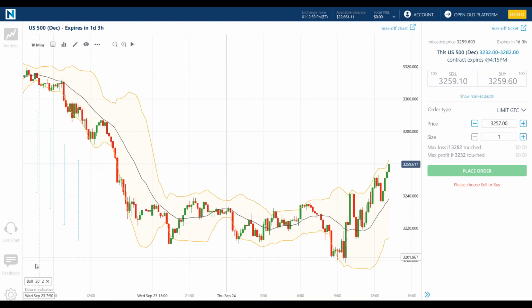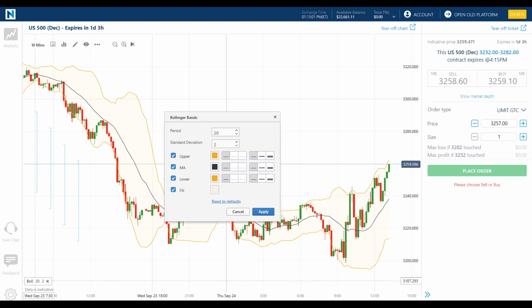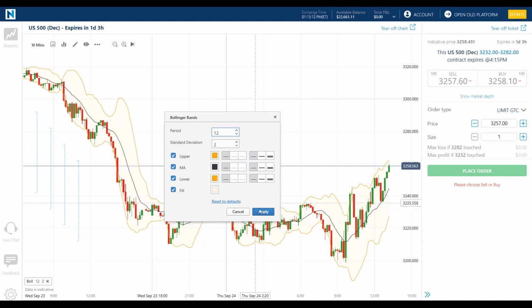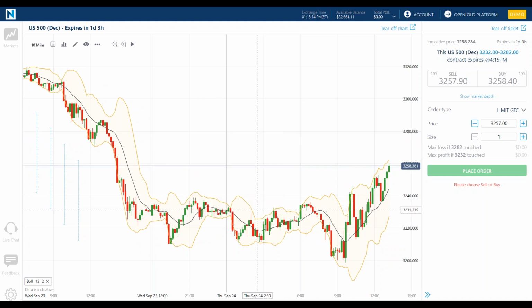And if you look in the lower left-hand corner, you can change the standard periods. The standard is 20 and 2, but maybe you like doing 12 bar periods with 2 standard deviations instead of 20. Notice how it changes the parameters on my bands. You can set that up any way you want.